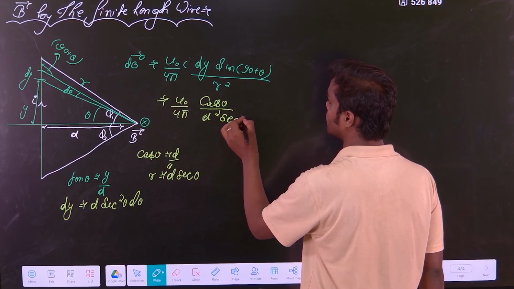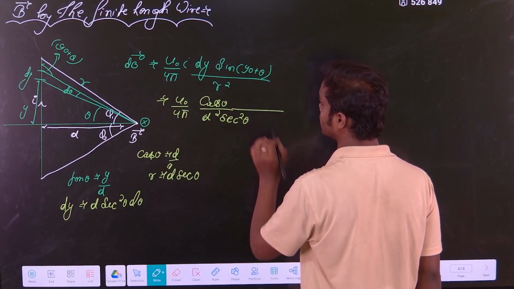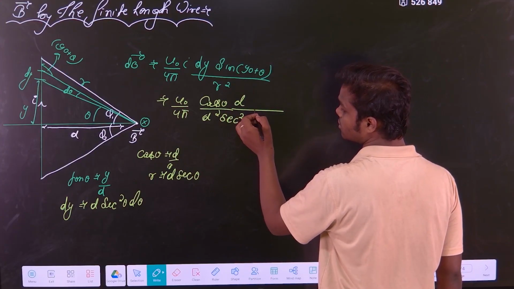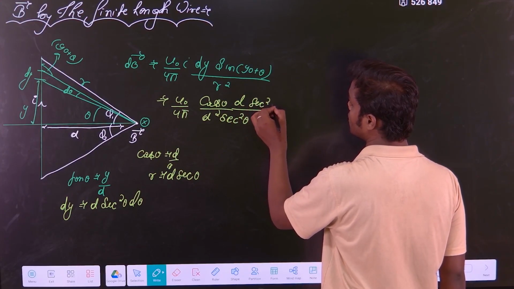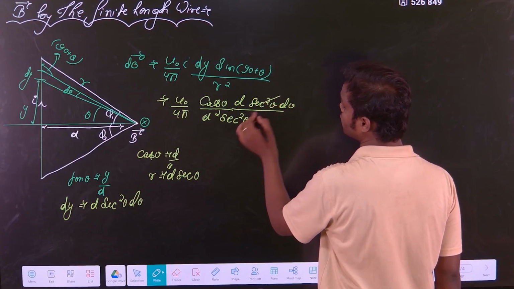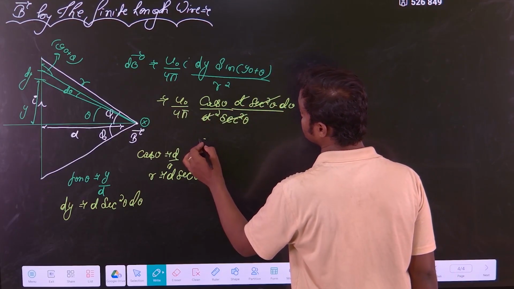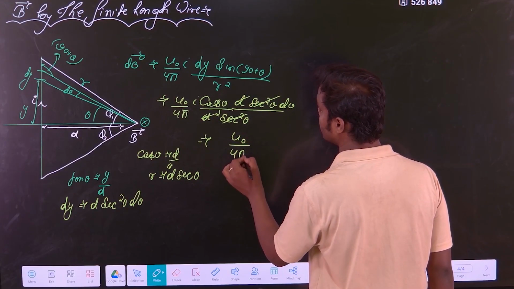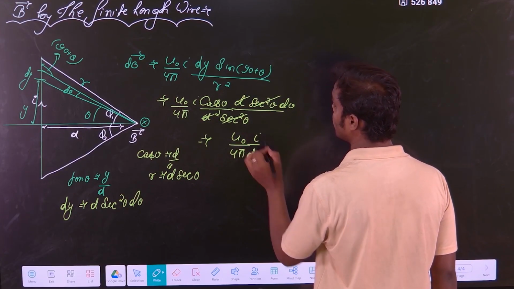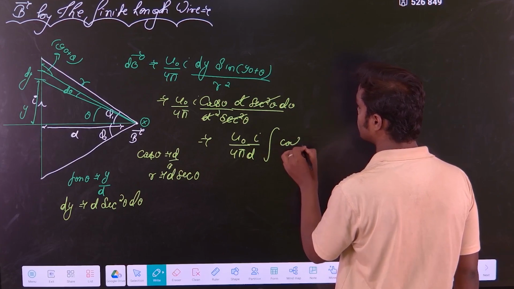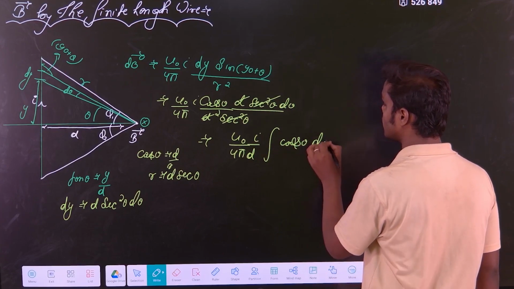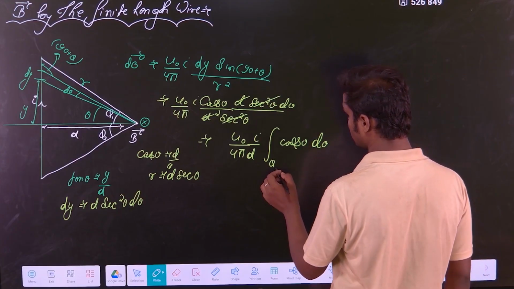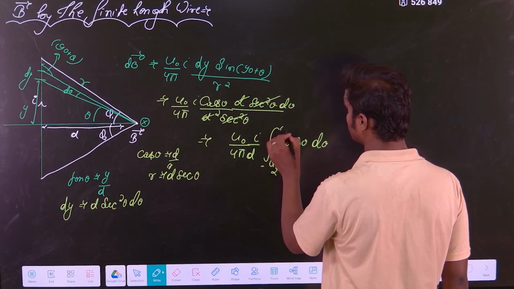I am going a little fast because I have covered all this earlier also. Sec square theta into dy, which is d into sec square theta d theta. Sec square theta will cancel out. I is here, so mu naught upon 4 pi into d into I. And the integration is of cos theta d theta, from minus theta 2 to plus theta 1.